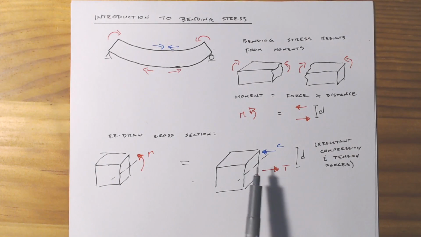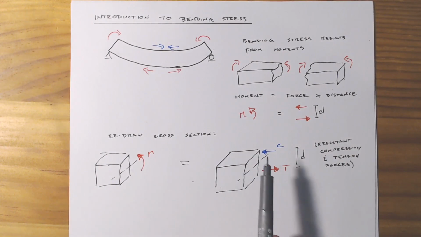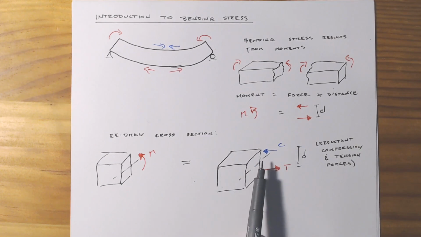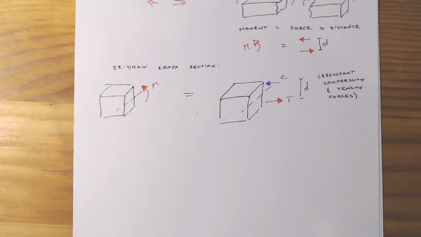All right, so now we've gone from moments to some forces, and as I said, we've already learned how axial stress is developed, and effectively that our axial stress is just a force divided by an area. Can we think about bending in the same way? And in fact, we really can.